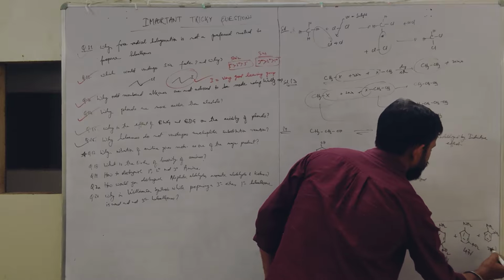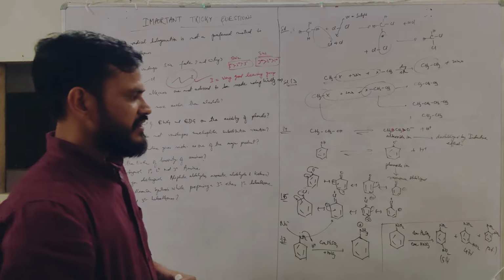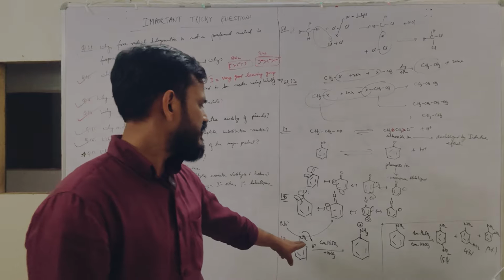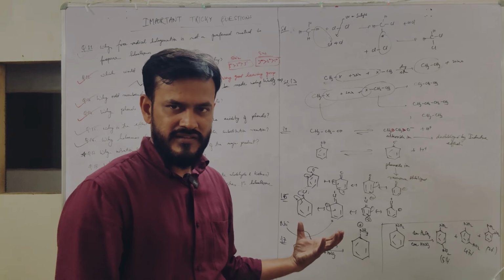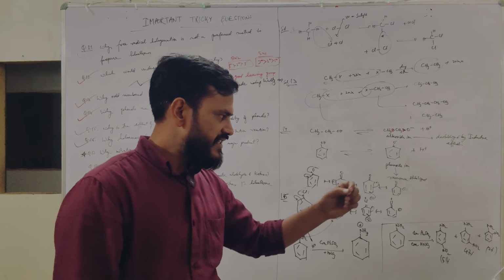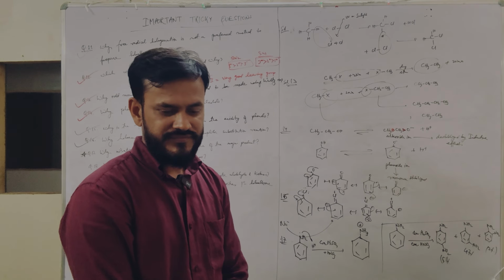This is just 2%. So because of the formation of anilinium ion, which deactivates the ring, meta is also one of the major products.